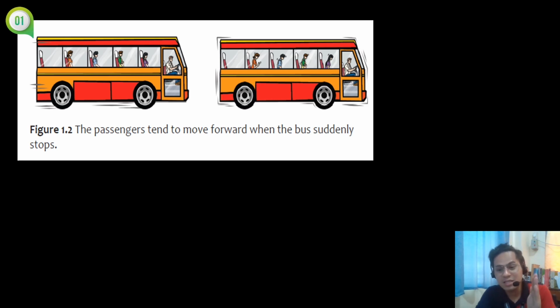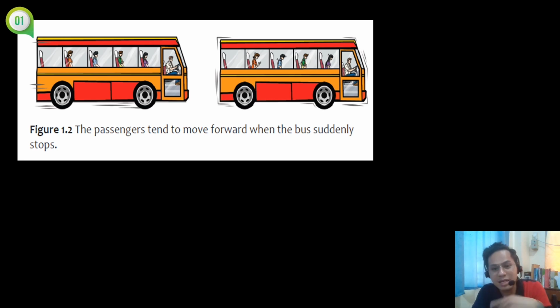Because your body is on the bus. And since the bus is constantly moving, unya nikalit og brake ang driver, so ang imong body will resist the motion, mo move forward ka.